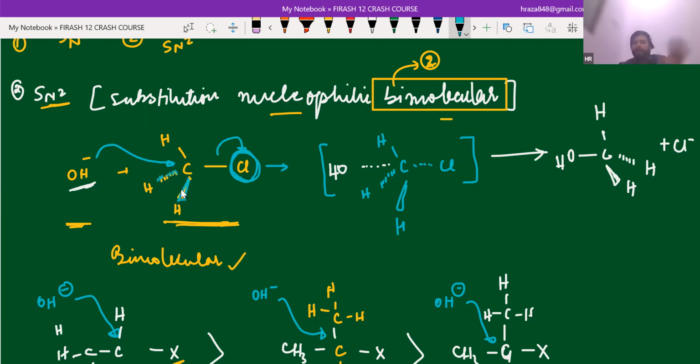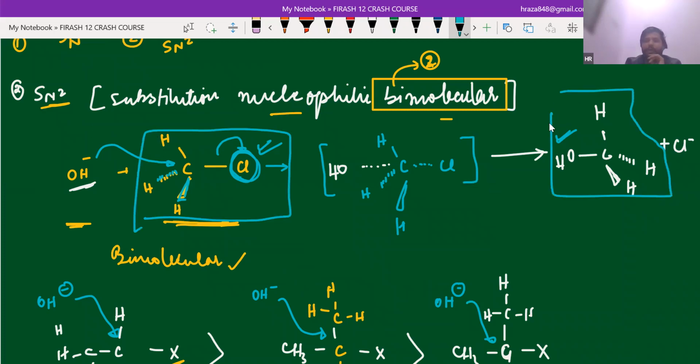This is tetrahedral. Tetrahedral has two bonds on the plane, one inside the plane and one outside the plane. Yes or no? Yes, sir. As you can see, this is on the right hand side, but after reaction it is on the left hand side. So it is inverted. You can see the arrangement of bonds in reactant as well as product. So by the back attack in SN2, inversion takes place. Is that clear? Yes, sir.